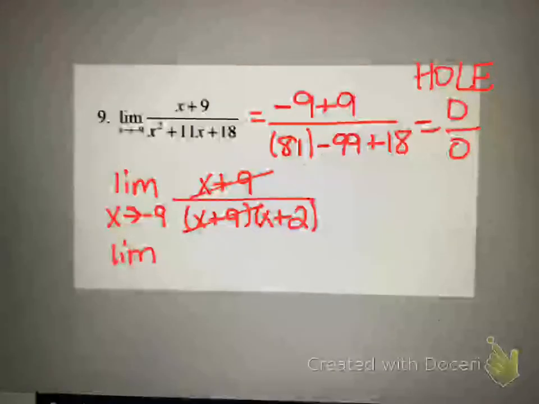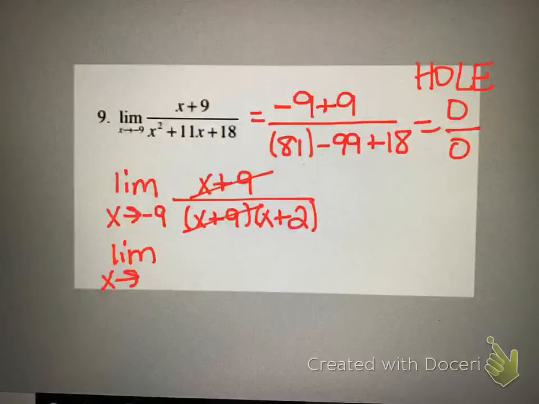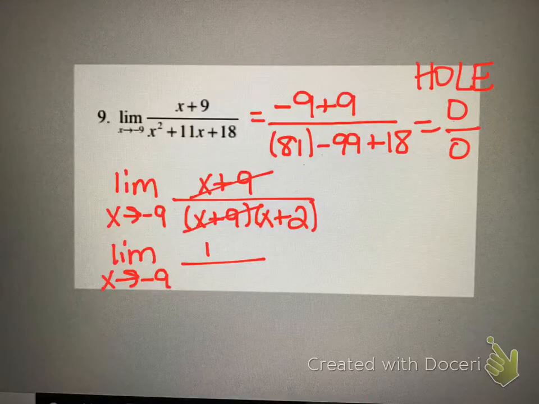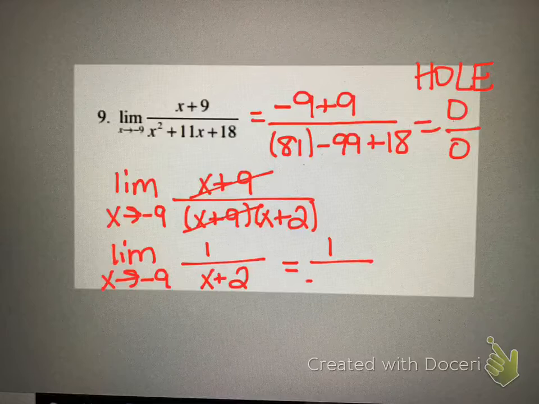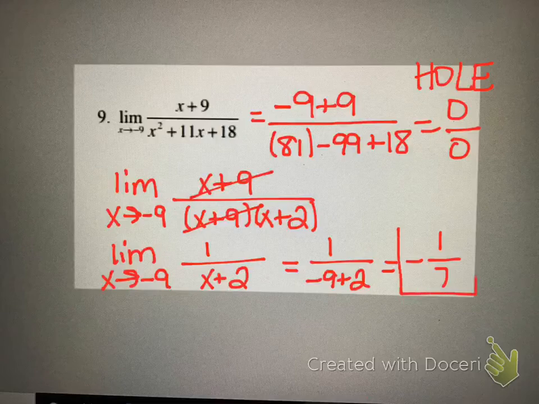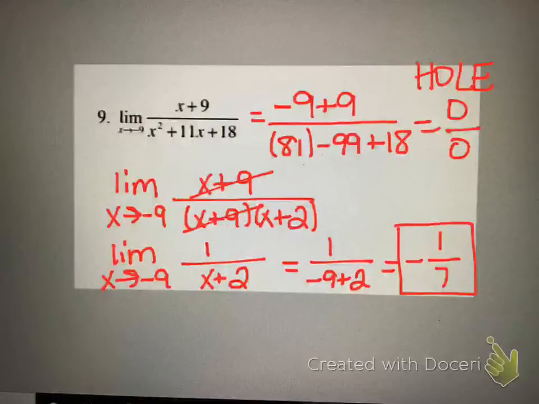So we are simply left to evaluate the limit as x approaches negative 9 of this now simplified equation with a 1 in the numerator and an x plus 2 in the denominator. Now we can plug negative 9 in successfully, and we get negative 1/7 as our limit. That would be the y-coordinate for the hole on that graph.